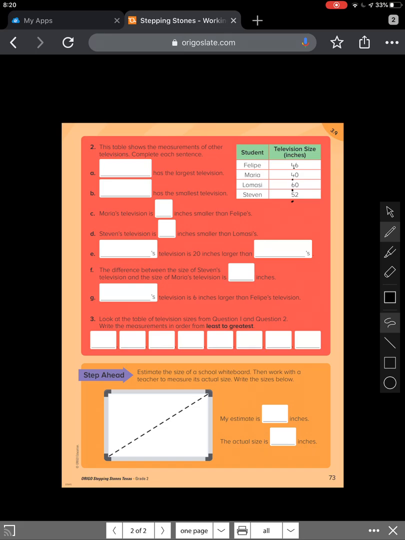So I know out of all those numbers, 6 is the largest, and that is in the tens place. So Lomsai has the largest, so I'm going to write that name here. The next one says has the smallest television. So now you can go through and figure out who has the smallest, just like I did, starting with your tens place and then moving over to your ones.